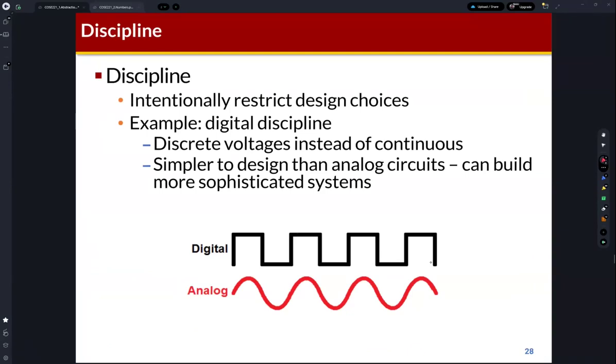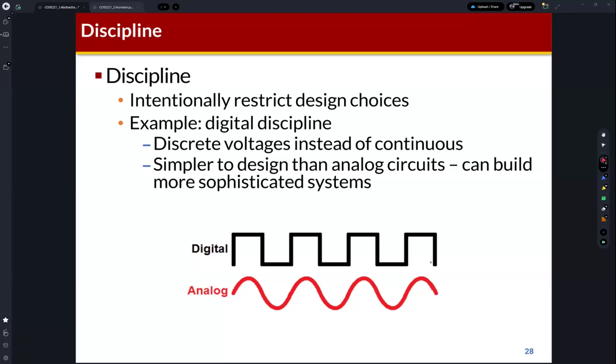Okay, discipline. So discipline is a kind of... in Korean it is kind of 훈육 or 교육, but it's different from education. Discipline is a kind of 규율, a kind of restriction, right?